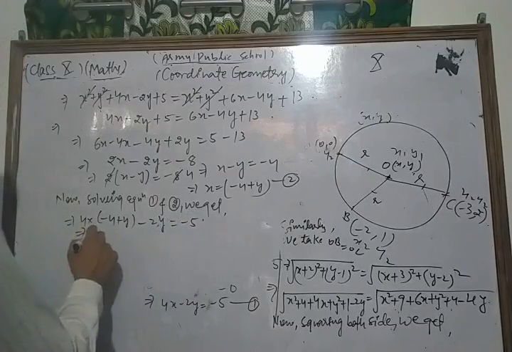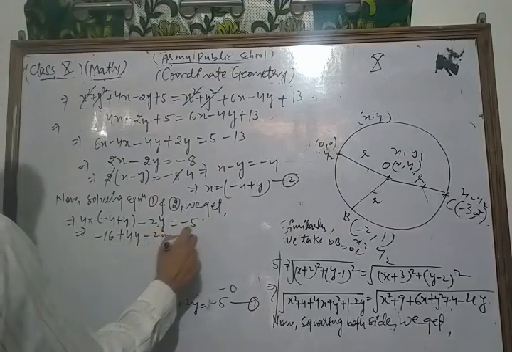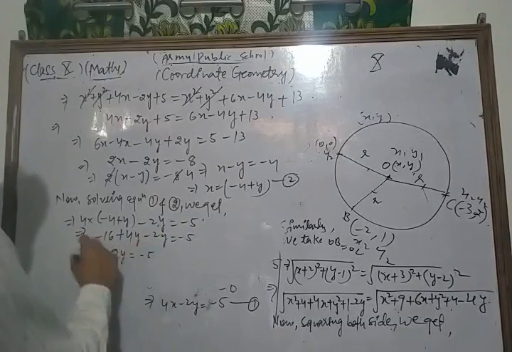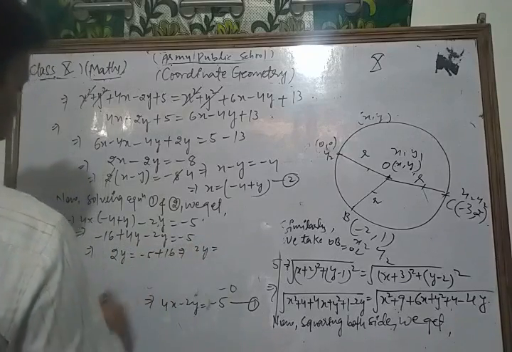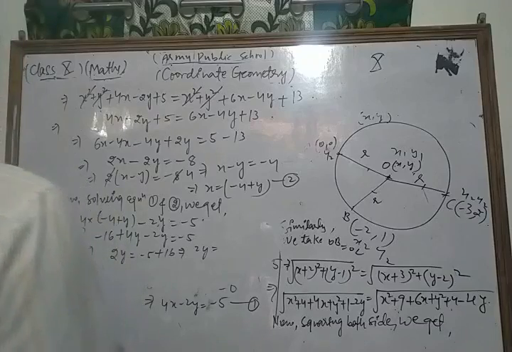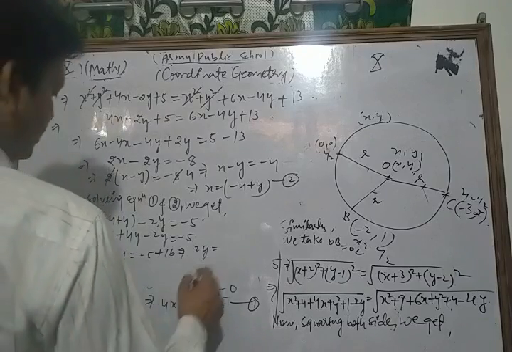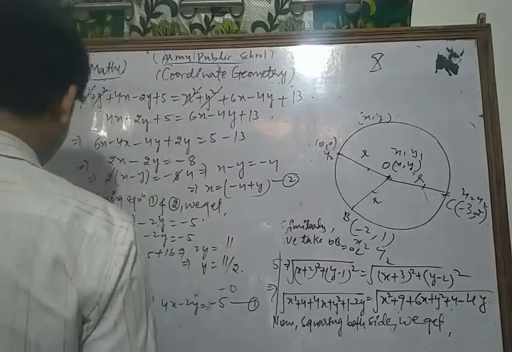Now we simplify, then minus 16 plus 4y minus 2y is equal to minus 5, so 2y is equal to minus 5 plus 16, thus 2y is equal to 11, thus the value of y is equal to 11 upon 2.